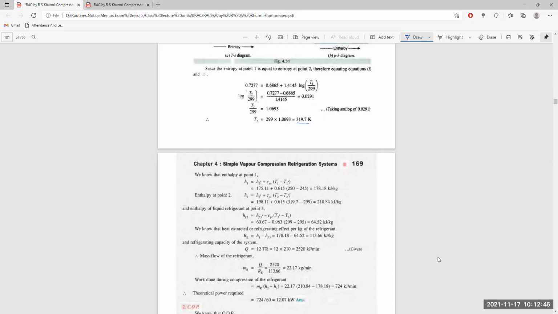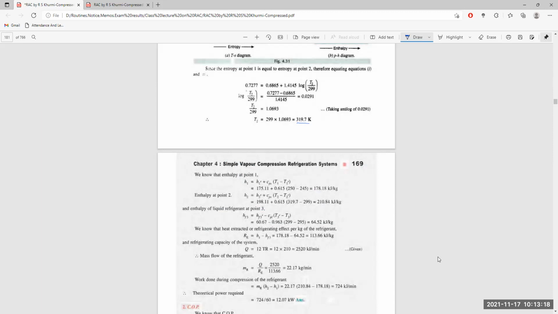So you get H3. Now the heat extracted, the refrigerating effect, is given as H1 minus Hf3, 178.18 minus 64.52, which is 113.66 kilojoule per kg. We know the tonnage capacity of the refrigerator, which is 12 tons. 12 tons multiplied by 210 would be the capacity in kilojoule per minute, meaning the amount of heat it can extract per minute.